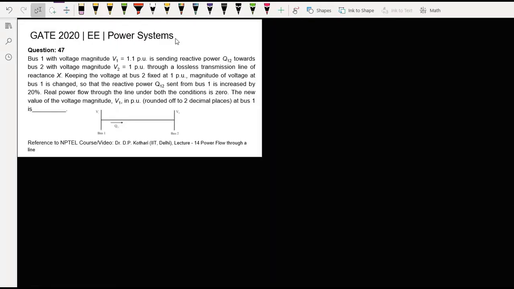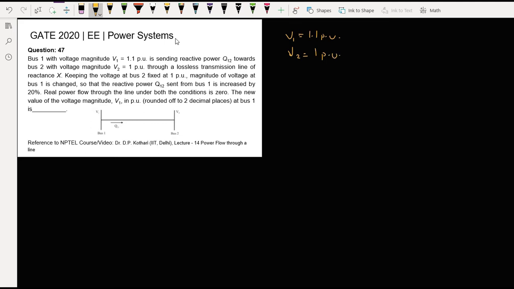Let us solve this problem by taking the initial voltage on bus 1 as V1 equals 1.1 per unit, and voltage on bus 2, V2, as 1 per unit.